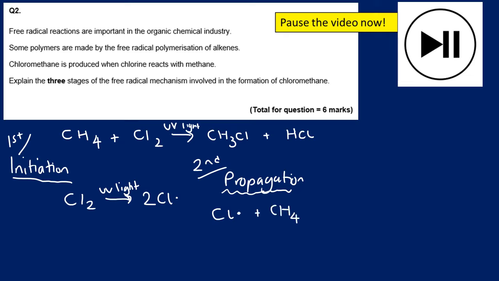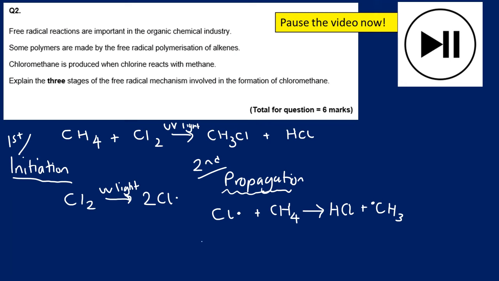So I'm being specific to the question. Don't just copy down the ones that you've done for revision. Make sure it matches the question. This question is the chlorination of methane. So the first step, the chlorine free radical will take one of the H's to become HCl. And I've now formed a CH3 free radical, because I've taken off one of the H's.